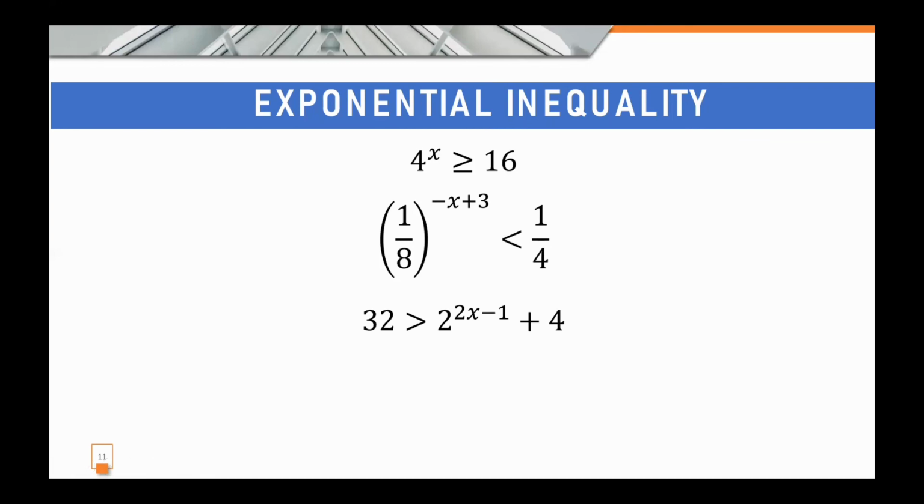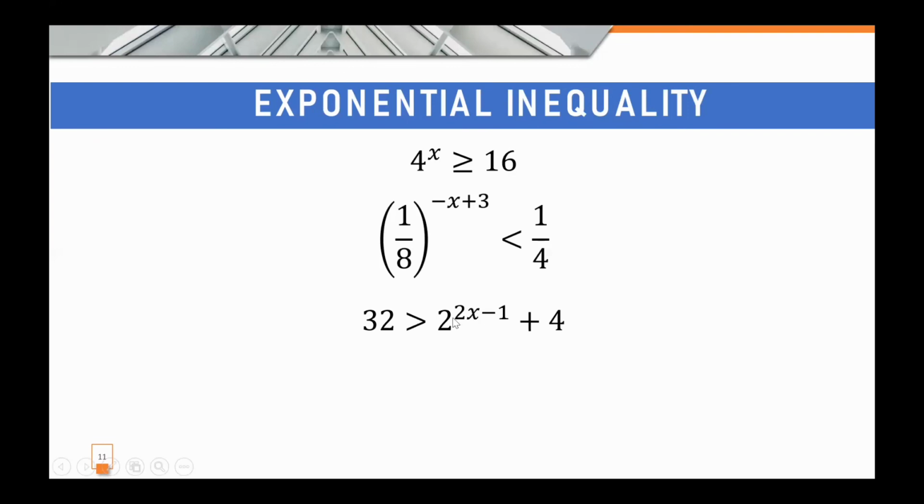Third one, 32 greater than 2 raised to the quantity 2x minus 1 plus 4. The exponential expression is 2 raised to the quantity 2x minus 1. The base is 2, which is greater than 0.